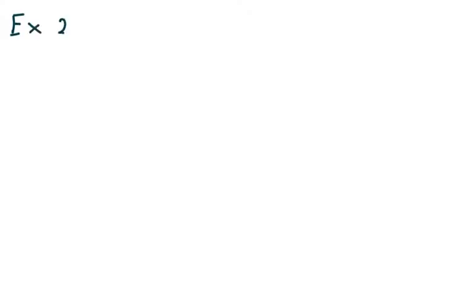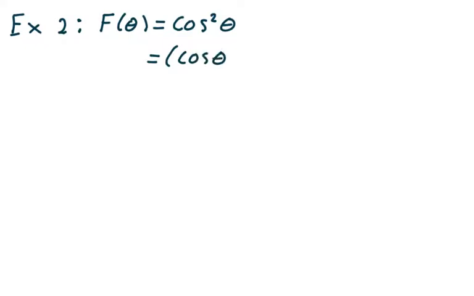If we look at example 2, suppose I had capital F of theta equals cosine squared theta. Now, if you don't mind, I'm going to write this as cosine theta in parentheses to the second power, because here that allows us to define the inner and outer function.